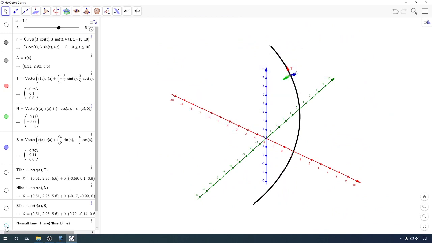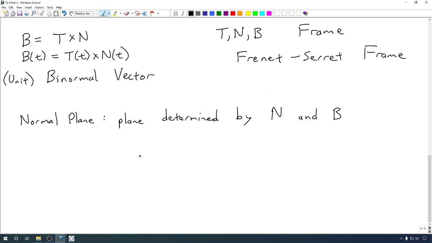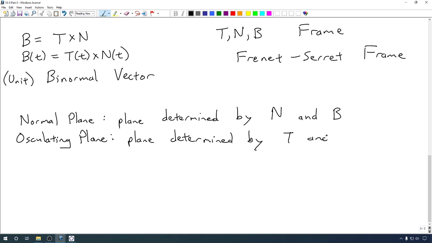The other plane that we're going to talk about is actually a little bit more interesting. This one is called the osculating plane. This plane is determined by the original 2 vectors that we had, T and N.